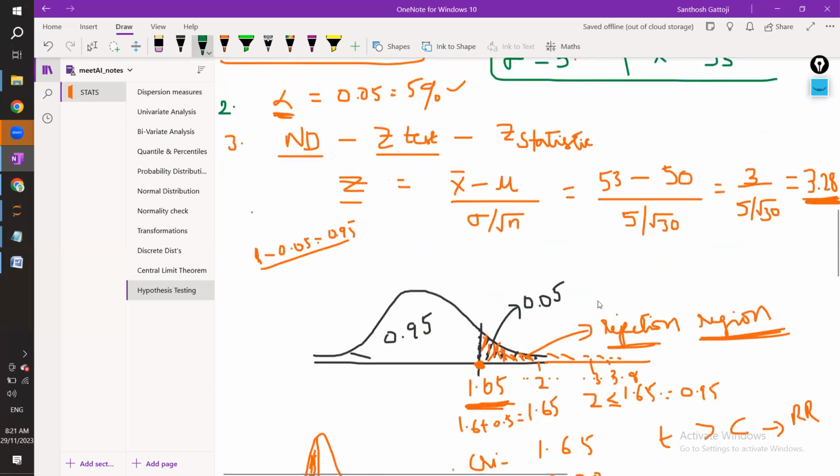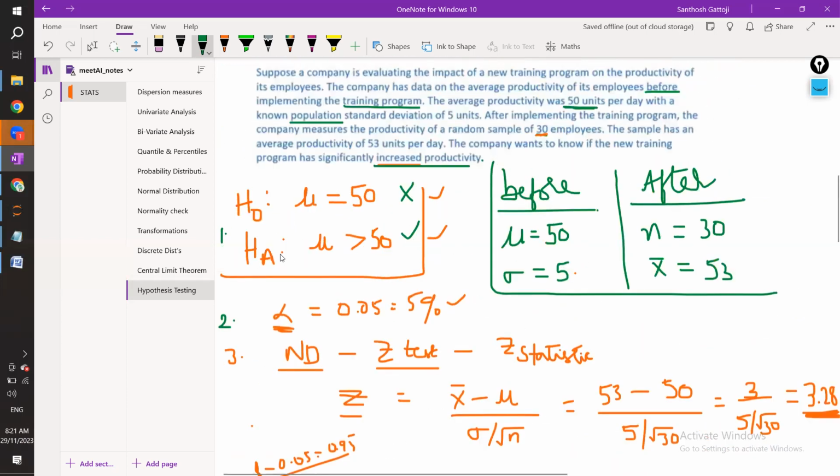Whatever we are doing, everything is focusing on the null, whether we can accept the null or reject the null. Since we are rejecting the null hypothesis, you need to accept the alternate hypothesis.